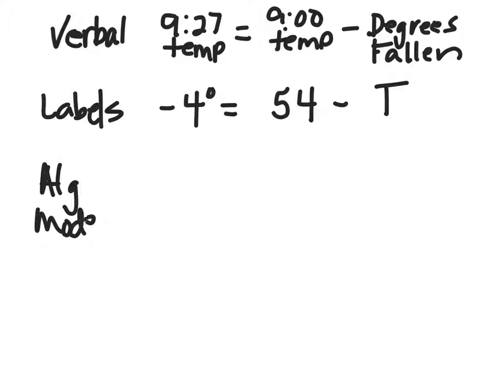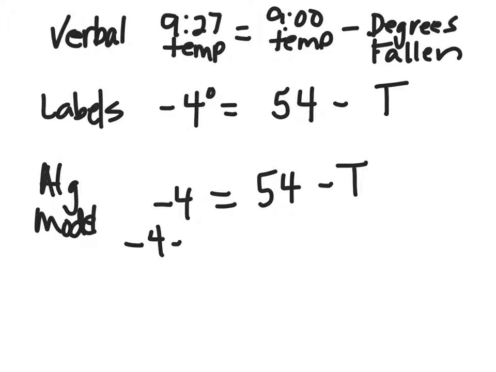And I can say negative 4 equals, oh, I wrote that wrong. Negative 4 equals 54 minus t. I'll isolate my t, so I will subtract 54 from both sides.